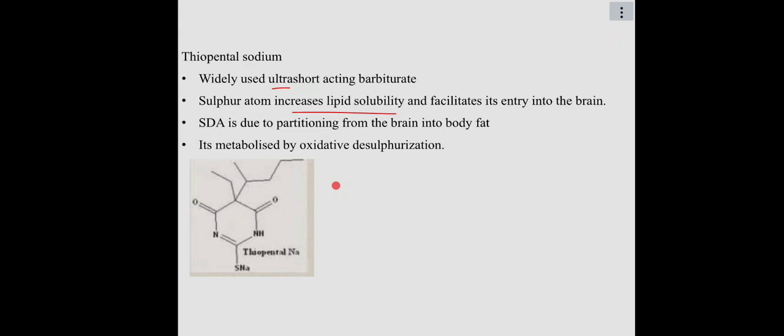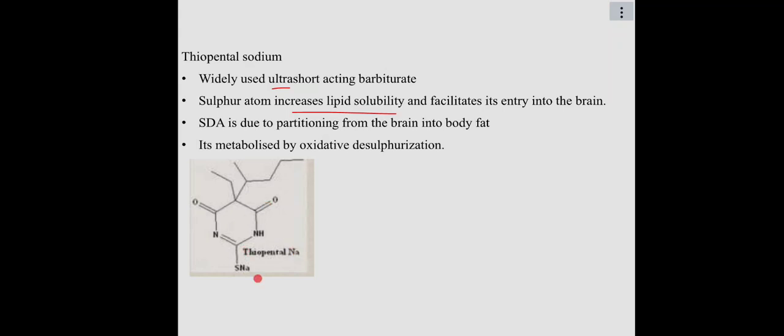It should not go beyond 10, because when it goes beyond 10, you have too much lipid solubility and the drug will not get to the site of action. So again, you can see both of the nitrogens are not substituted as compared to methohexital. In methohexital, one of them is substituted, and that further substitution further increases the lipid solubility.